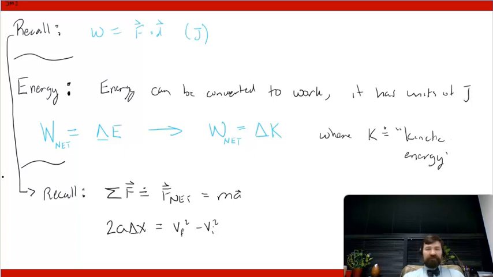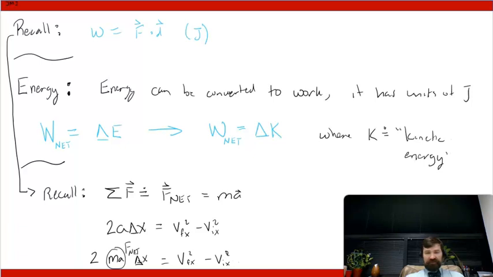So from these statements, given a constant value of net force and a constant mass of the system, if I multiply everything by m, I could say 2 m a delta x is equal to m times v final squared minus v initial squared, and these really are v final and v initial x's for what it's worth. We end up like this. And so this right here is F net.